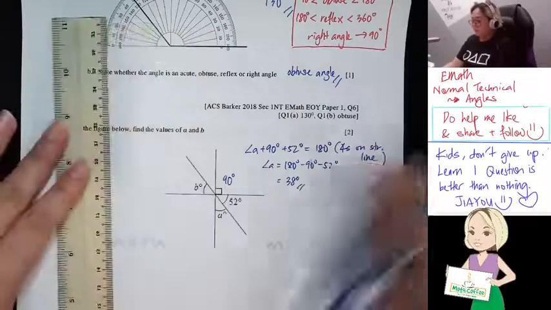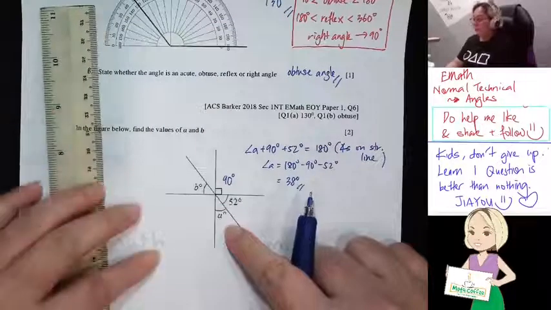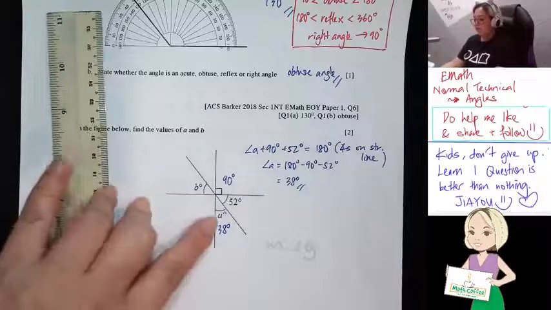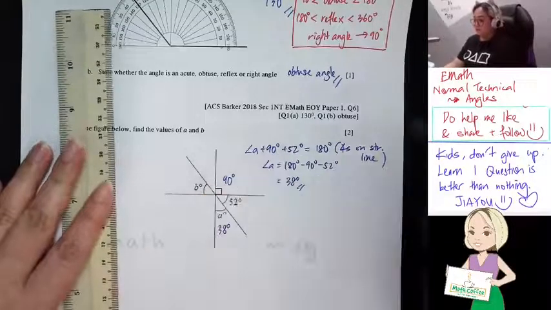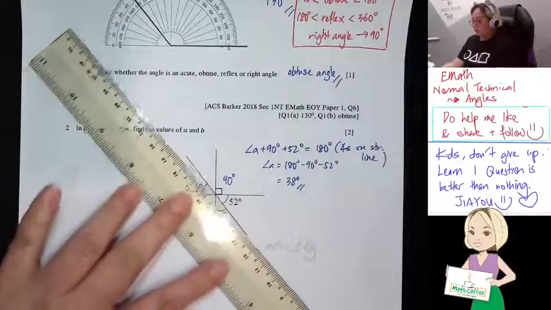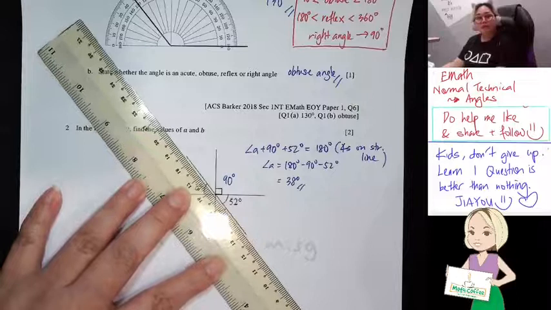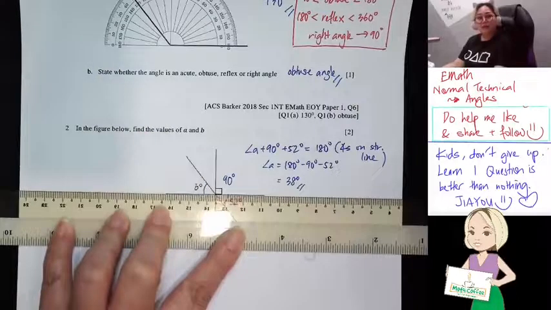Now always update your diagram. Now you already found your A, so I'm going to put 38 degrees inside over here. Next is this B. See, this line is a straight line, and this line is also a straight line.